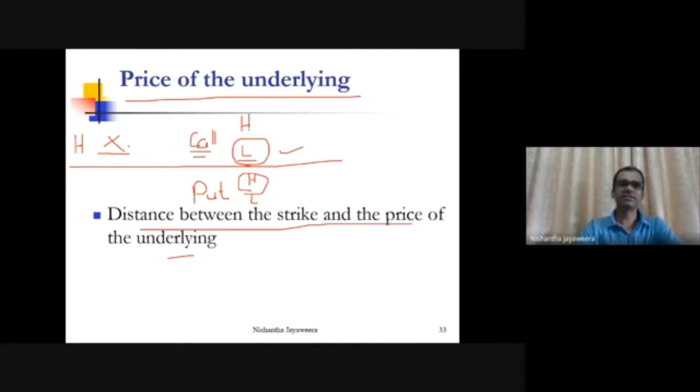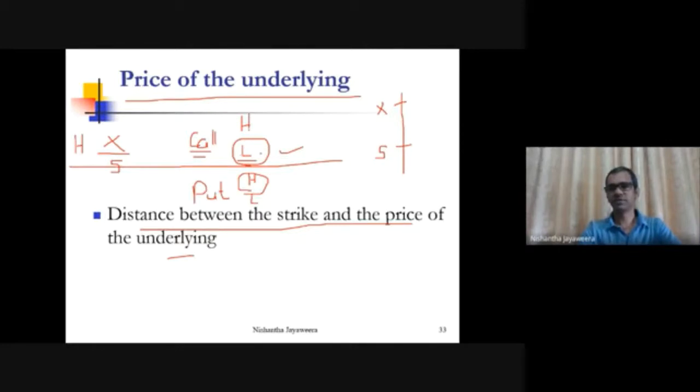But whenever we say that, here in the call option case, when we say strike is high, compared to what? Compared to the spot price. Here when we say strike is high, still compared to spot. So if the spot is here, strike is here, then for a call option, strike price is far away from the spot, so there will be less chance for the spot price to go up to here or beyond that.